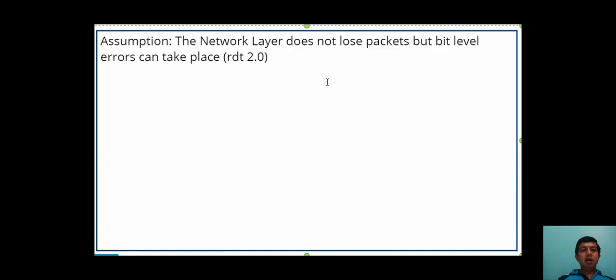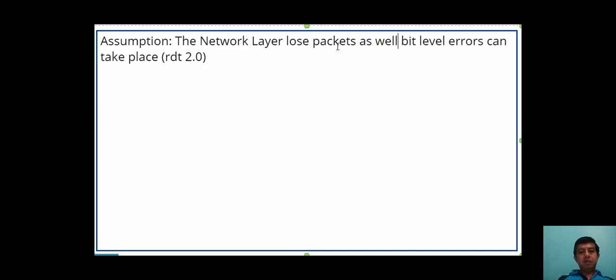Now this was the assumption of version 2. In version 2 we assume that the network layer does not lose packets but bit level errors can take place. In the final assumptions we introduce the concept of losing packets also. So we say that the network layer loses packets as well as having bit level errors.